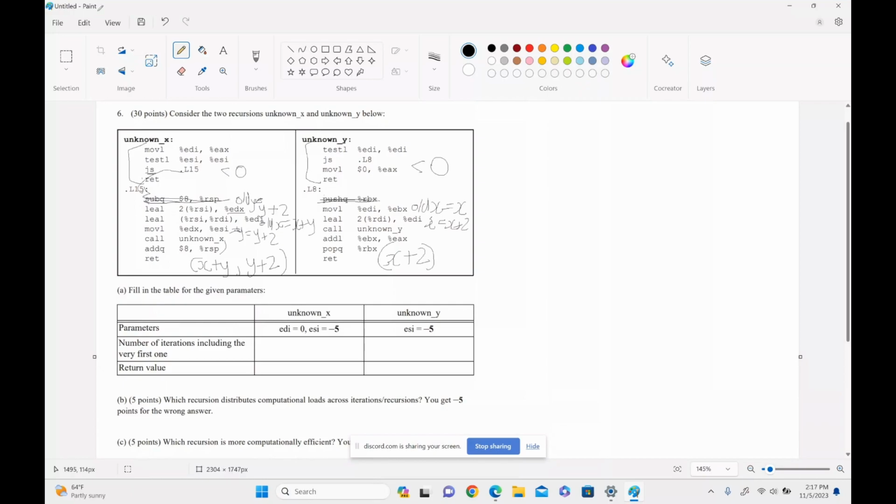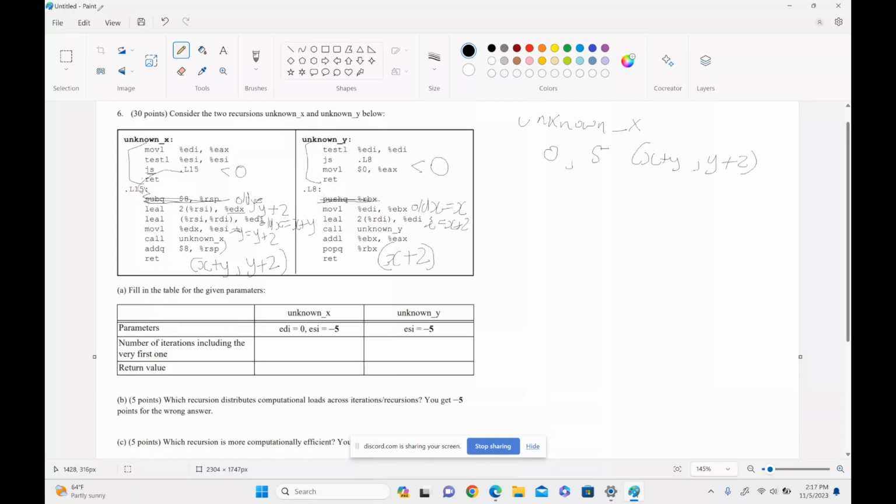And when we solve for unknown X, okay? The values we are given in the table is 0, 5, and we have to use the equation X plus Y, Y plus 2.